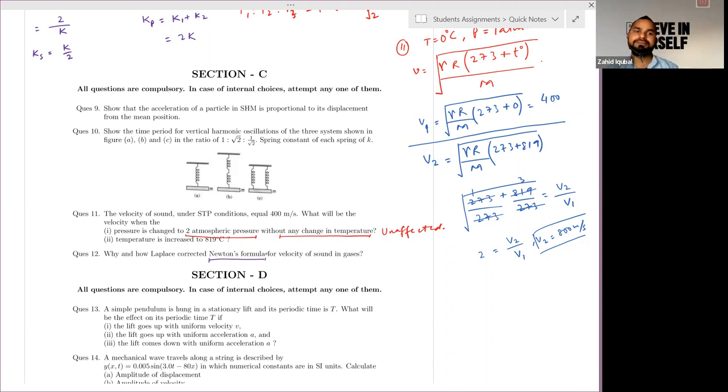According to Laplace, the process of sound propagation will be adiabatic, and in case of an adiabatic process, beta will be equal to gamma times p. So if you substitute the value of gamma, you will get the required value of velocity of sound. Hence, Laplace corrected Newton's relation by taking an adiabatic relation.